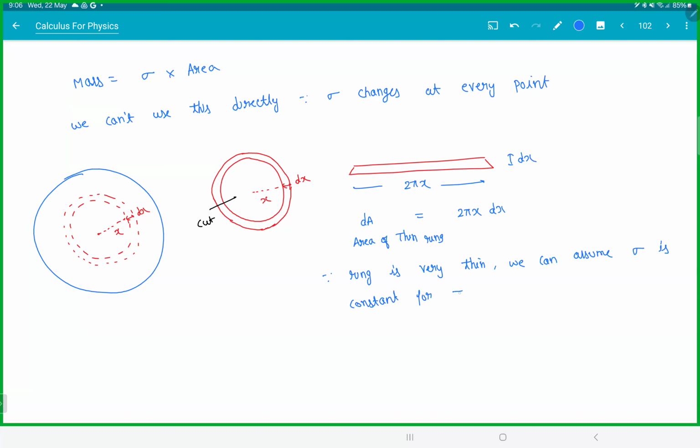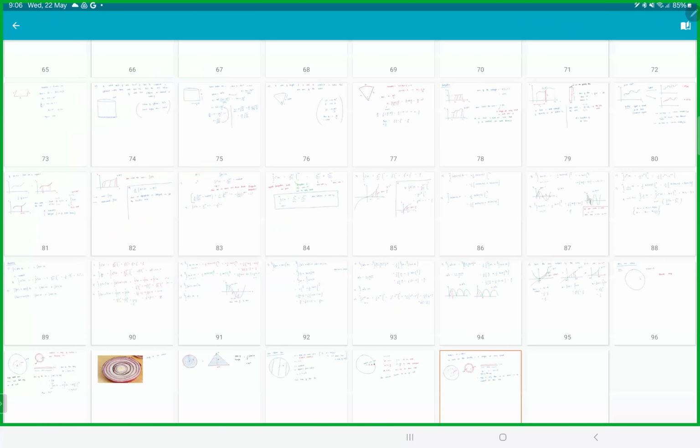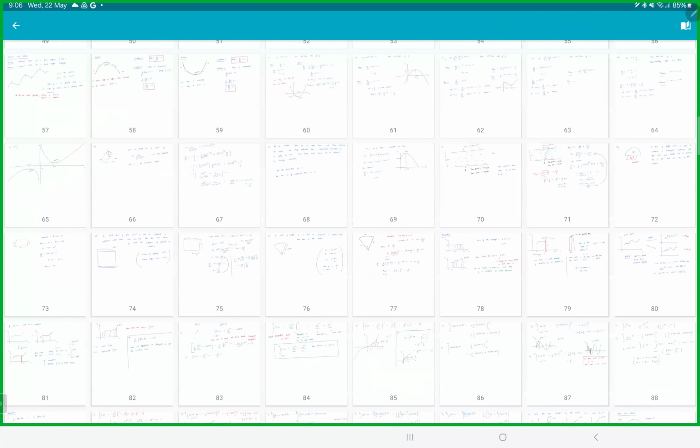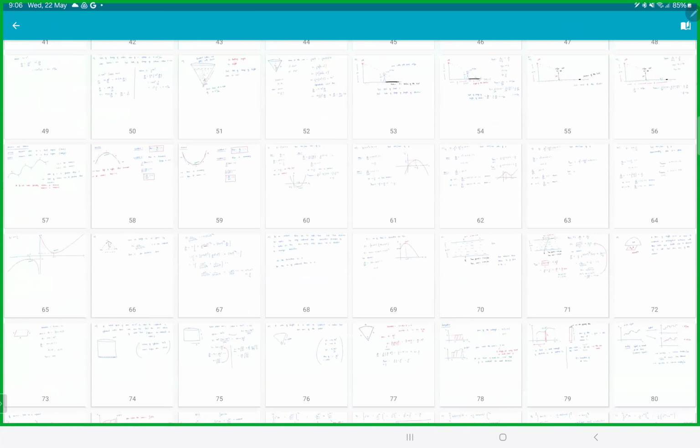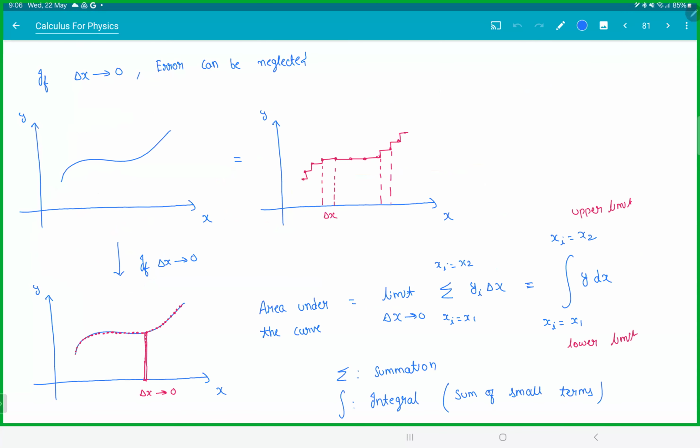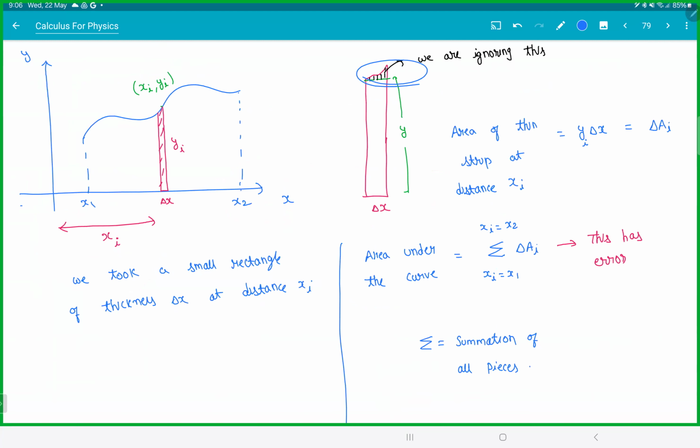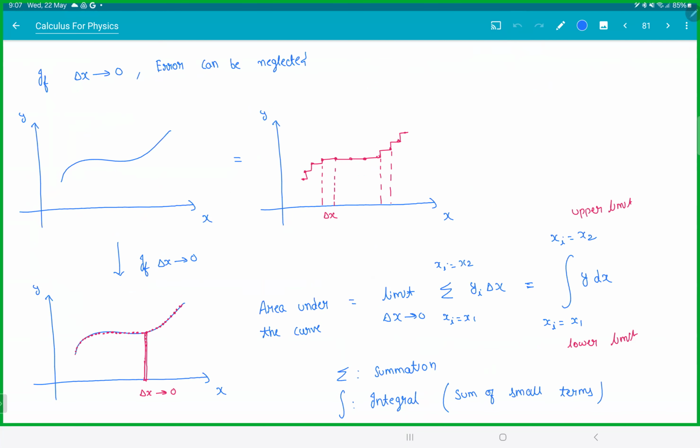Isn't that the whole idea of integration? If you remember how we started the whole story of integration, you're taking such a small x that we can ignore this error. You're assuming the height is almost constant by making it very small. That was the whole logic, that the error can be neglected.